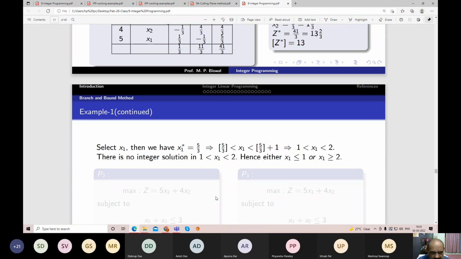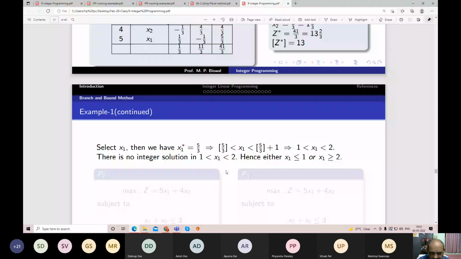x1 star equal to 5 by 3. So x1 is less than or equal to the integral part of 5 by 3 plus 1 and greater than the integral part of 5 by 3. There is no integral solution in this interval, x1 less than 2 and greater than 1.